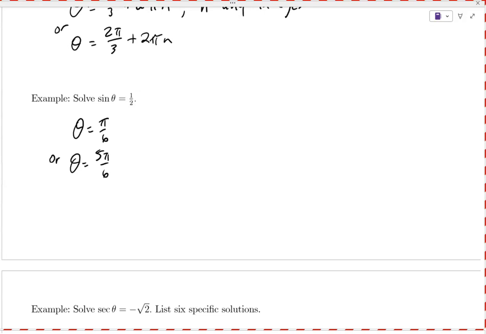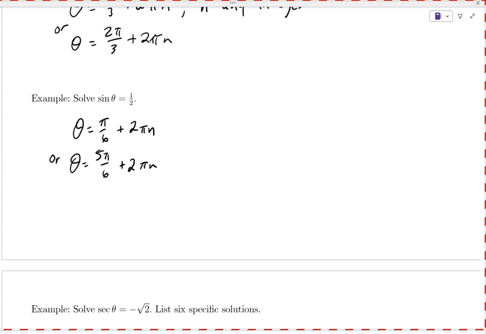Step 2 is find all of the solutions. And again, the way we find all of the solutions is add multiples of the period. Again, you might see some people use a K rather than an N. I typically use an N because it's integer, so it sounds like N, right?